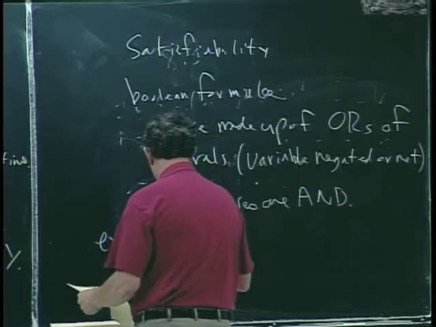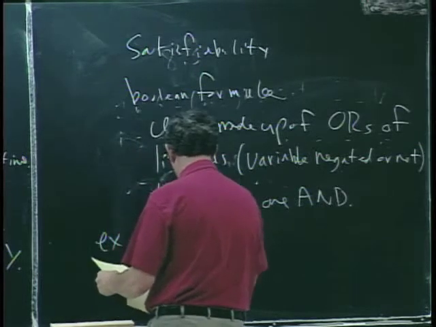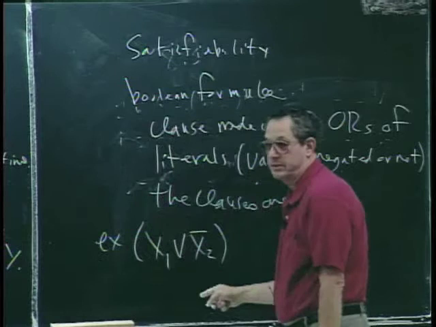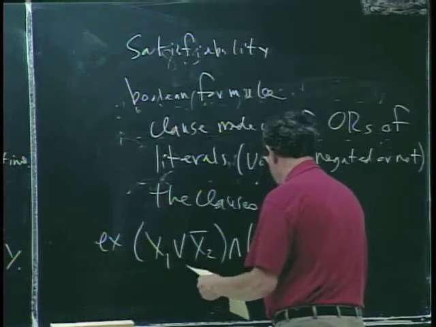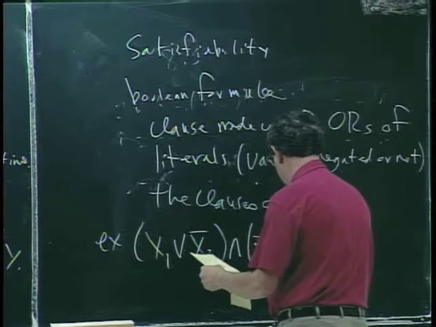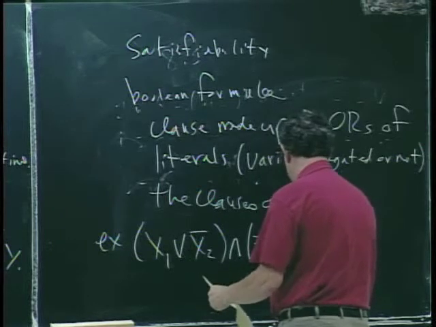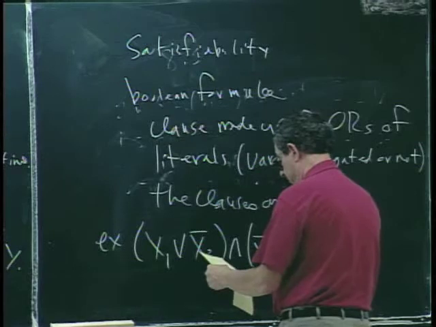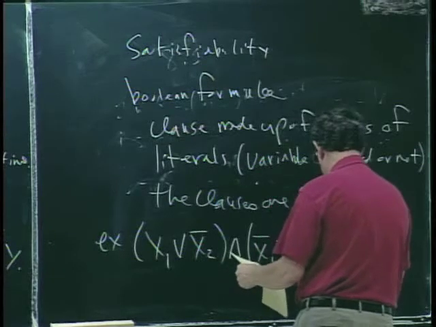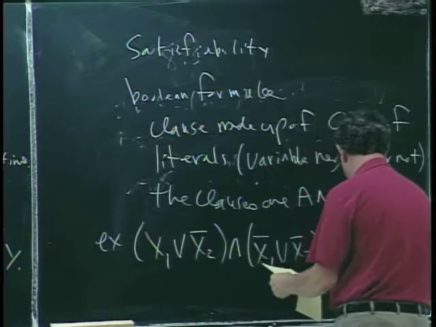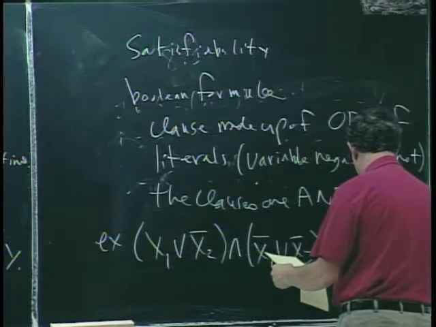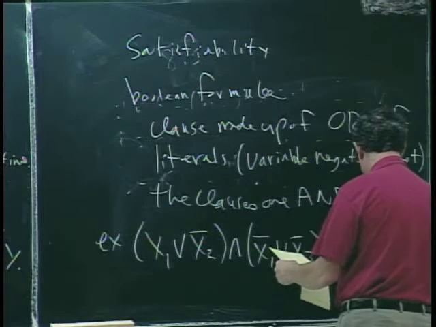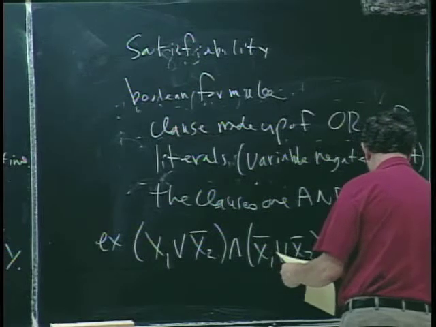x1 or x2 bar, where the bar over it is the negation sign, and x1 bar or x3, and let's do one that has more than two literals: x1 or x2 or x3 bar.